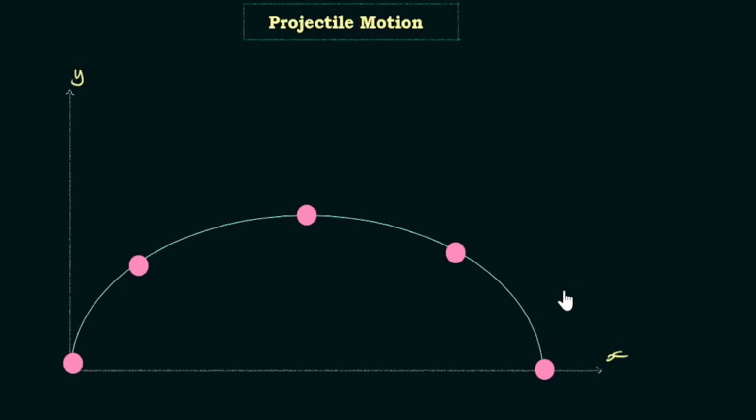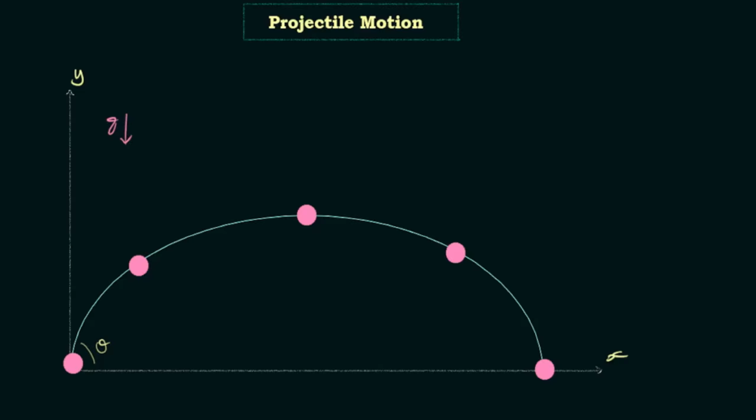We are throwing one object from the origin like this, with a projection angle of theta with respect to the positive x-axis. The gravitational acceleration on this object is downward.